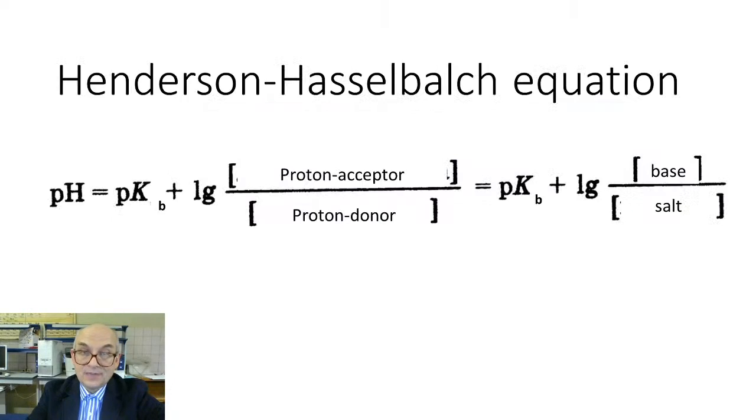In this case, we can ask, what are the appropriate compositions of a given buffer? What are the appropriate compositions between salt and acid if we want to have an effective buffer?